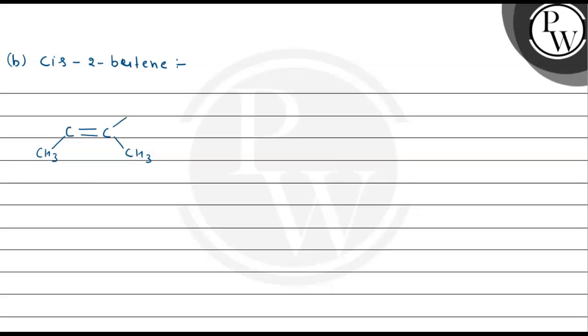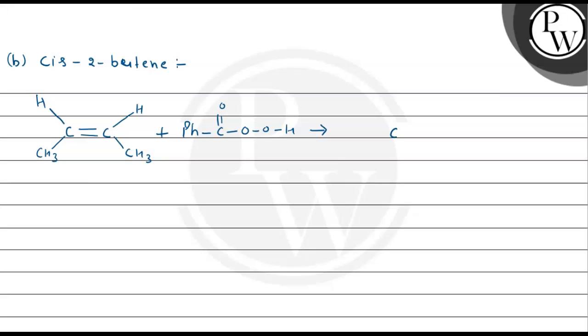The remaining valency of these carbons will be satisfied by these hydrogens. Now when it reacts with peroxybenzoic acid, which has a structure like that, in the first part of the question we have already discussed that it is known for the formation of an epoxy group. So our final product becomes like that.